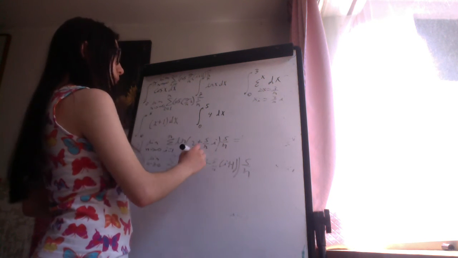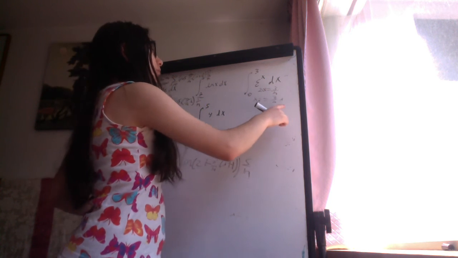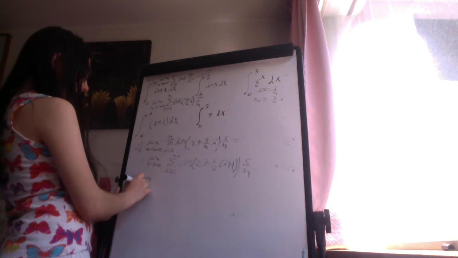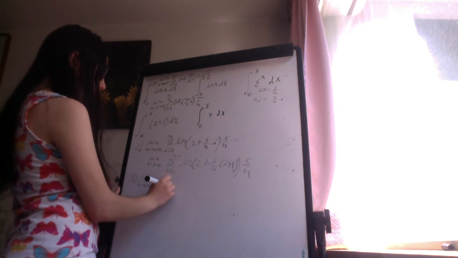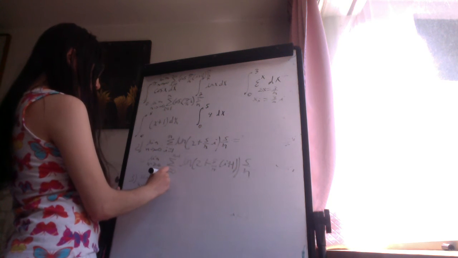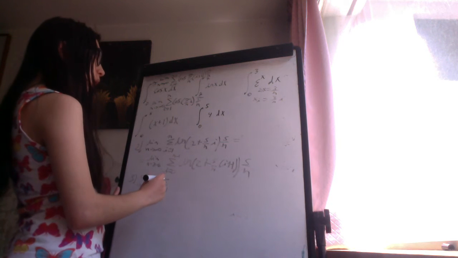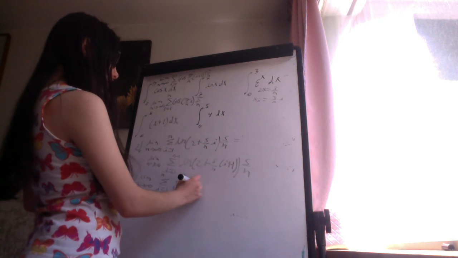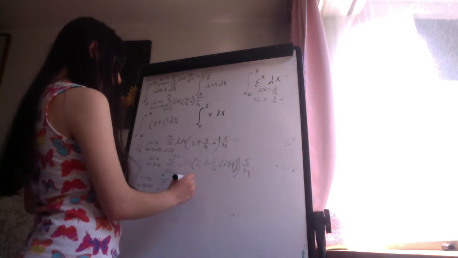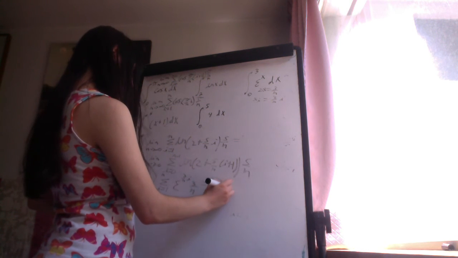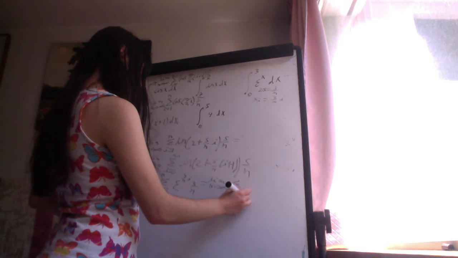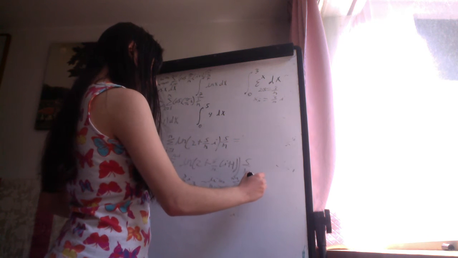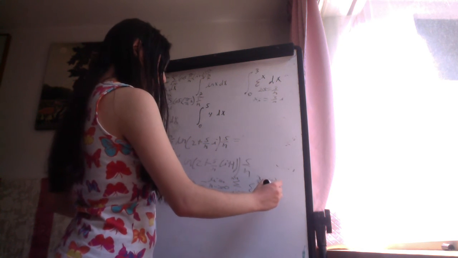So our f of x will be e to the 3 over n times i. So it is the limit as n approaches infinity of the summation from i equals 1 to n of e to the 3 over n i times 3 over n, or the limit as n approaches infinity of the summation from i equals 0 to n minus 1 of e to the 3 over n times i plus 1, times 3 over n.